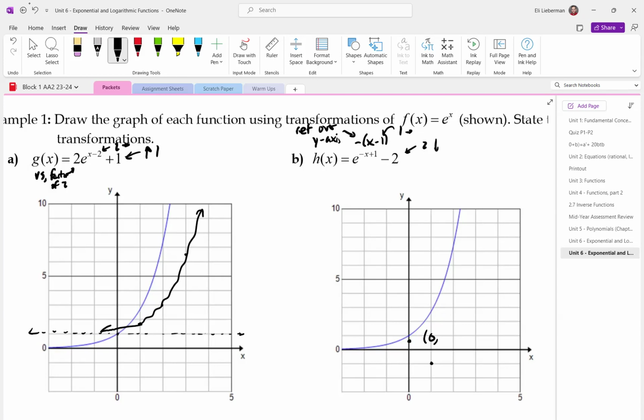There's two. 0 comma about 0.7, but exactly E minus 2. Isn't that exactly what it is? It was up at E, down 2, which is approximately 0.7 if you want an approximation.